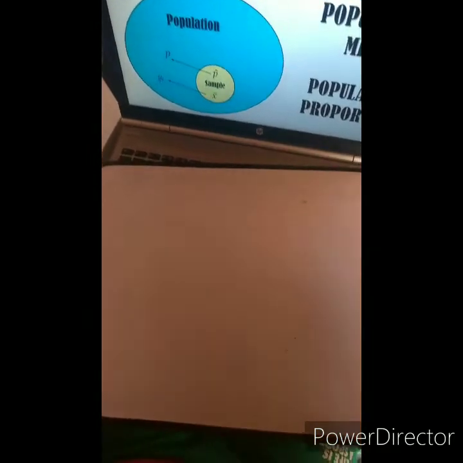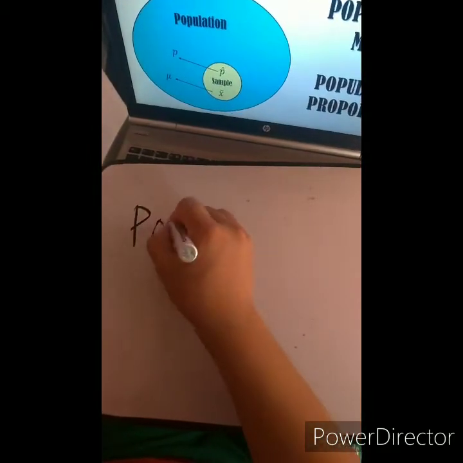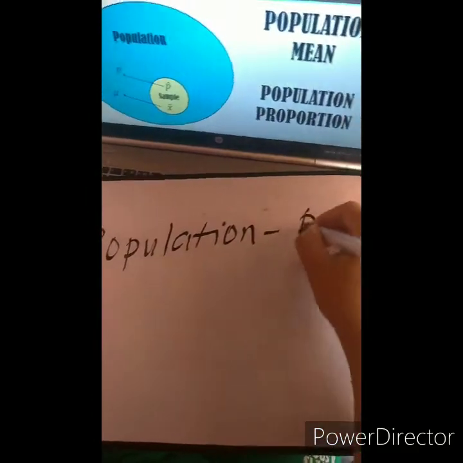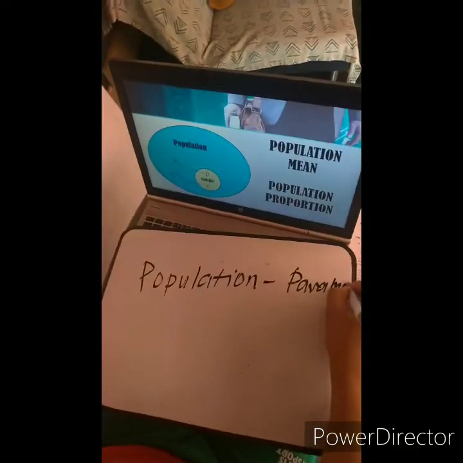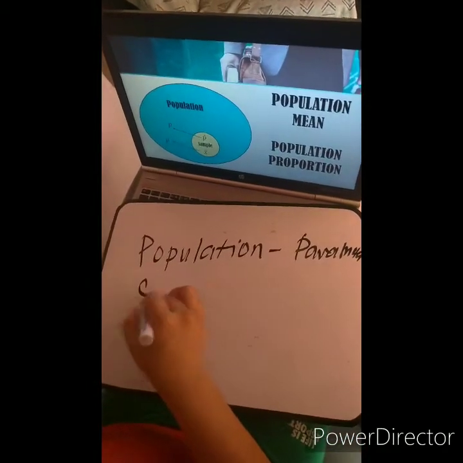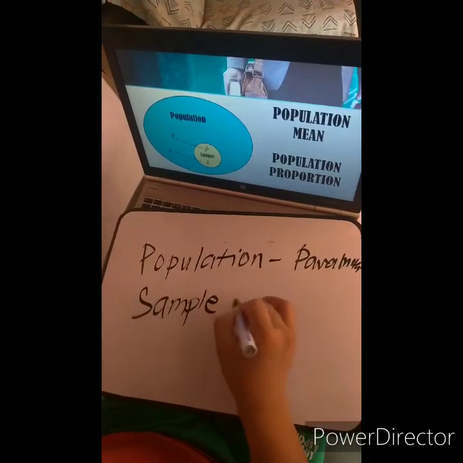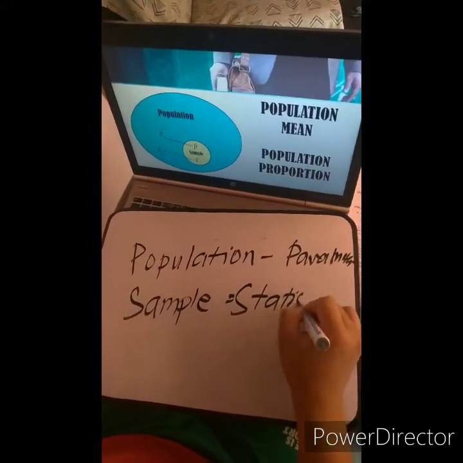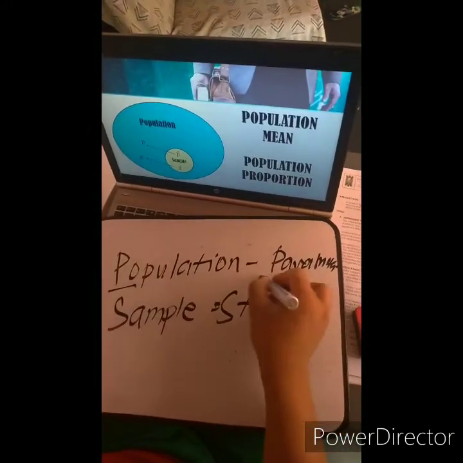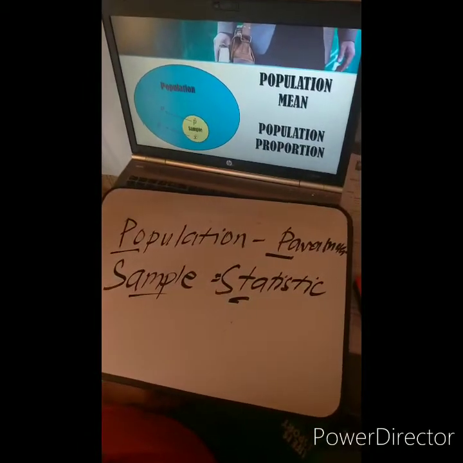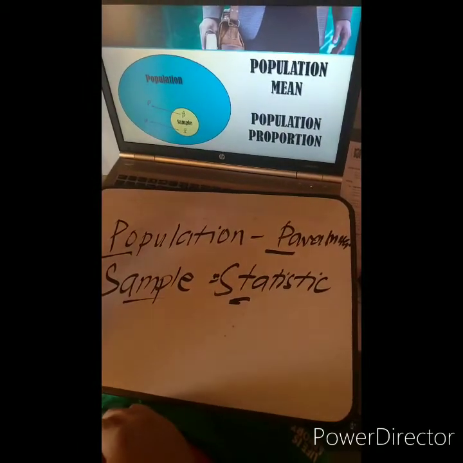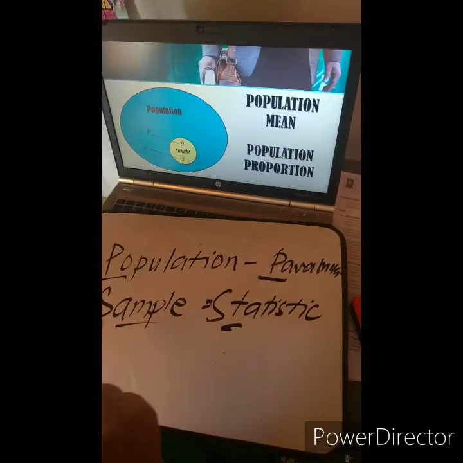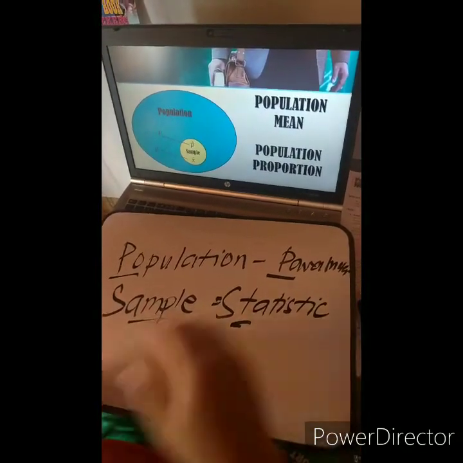When we have data from the population, that is parameter. Any data from the sample is called statistic. So that is your clue: any data from the population is called parameter, and any data coming from the sample is called statistic.